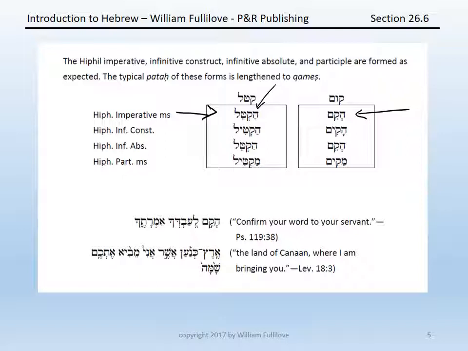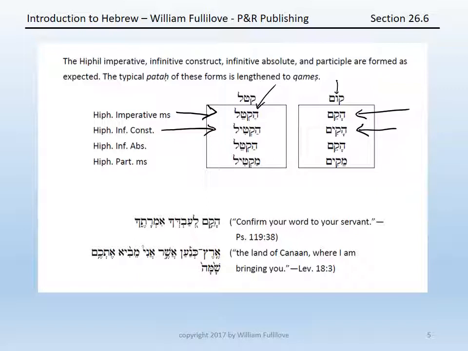The same tsere vowel you would expect. However, the loss of the middle root letter, which is weak, has caused the lengthening of the prefix vowel under the hay to become a qamets. The hiphil infinitive construct of the strong verb would be hakteel. With kum, we have hakim.